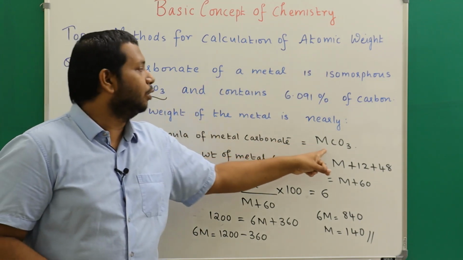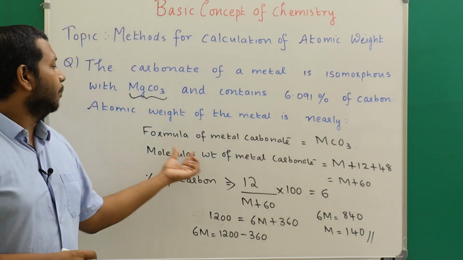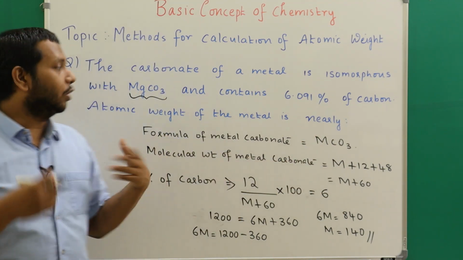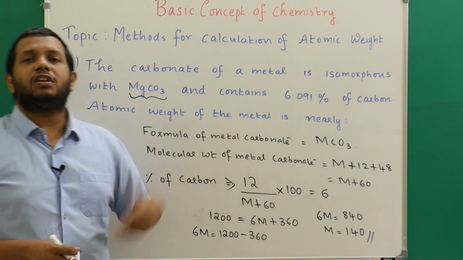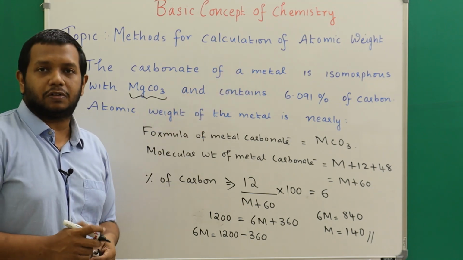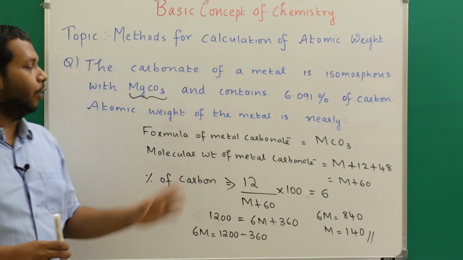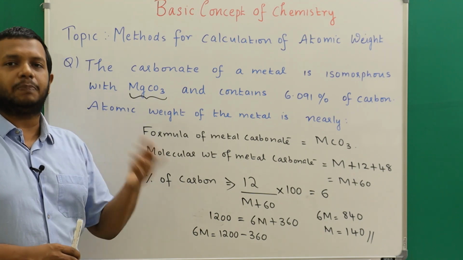That is why I am able to write MCO3 and thereby the molecular weight of the metal carbonate. If I am not able to write MCO3, it is not possible to write the molecular weight. That is the application of the law of isomorphism. I hope you understood the concept. If you have not, please get back to us.